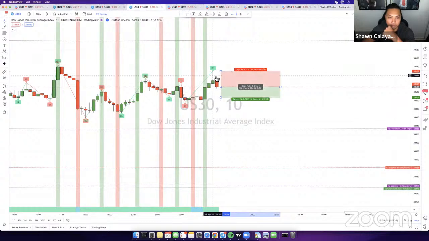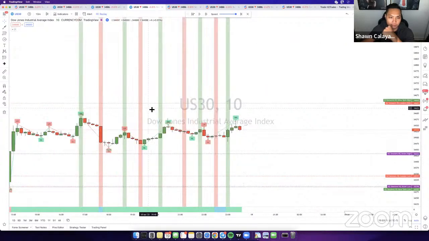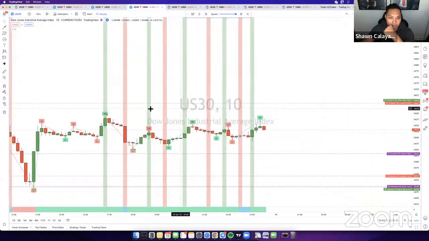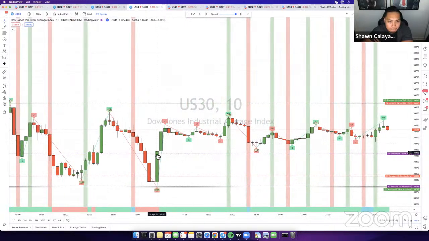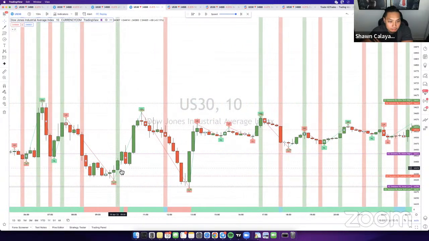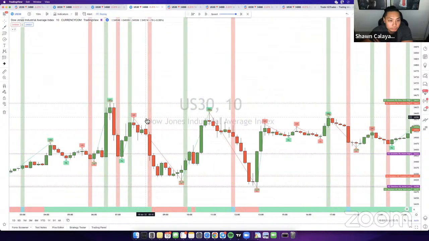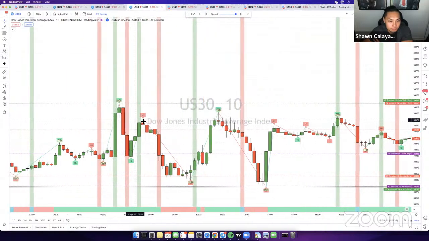Stop loss would be too close right here. So you probably wouldn't take this because you're looking for about 500 pips. See if I could find one here. Probably not here because this is Asia session. That's a strong candle.